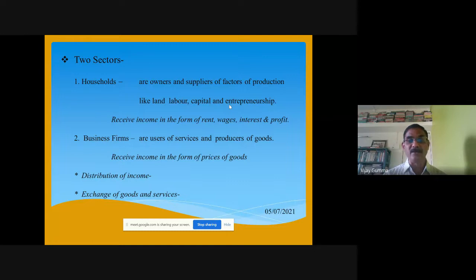On the other hand, the firm sector, which is the producer and supplier of goods and services, supplies goods through the commodity market, and the commodity market determines the price of a commodity.